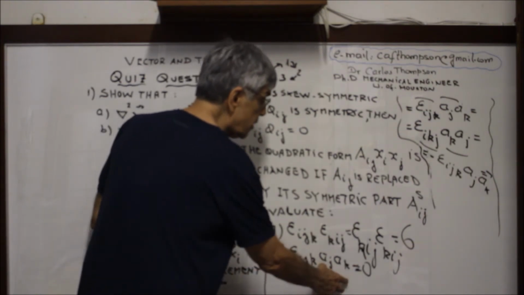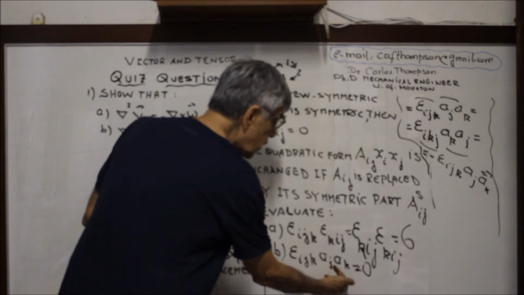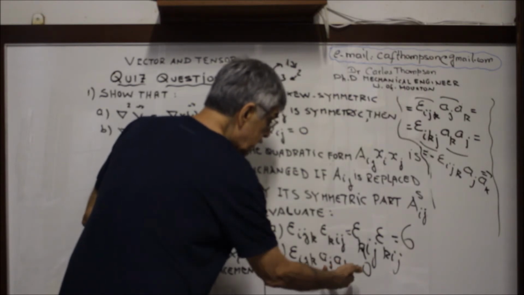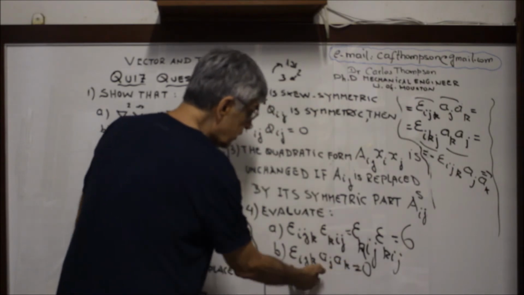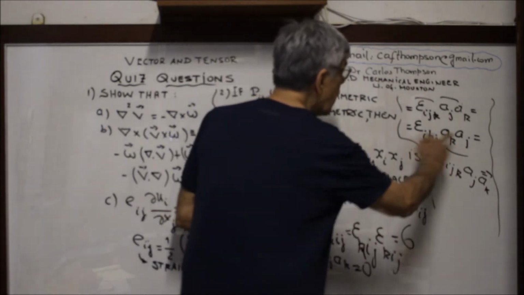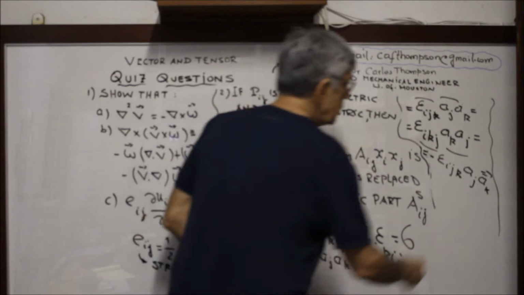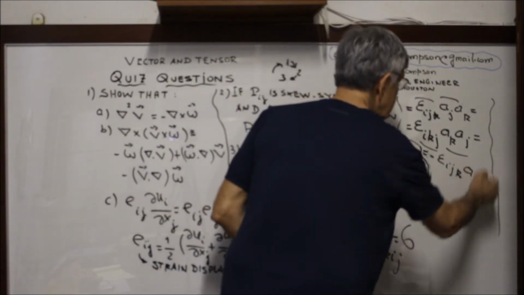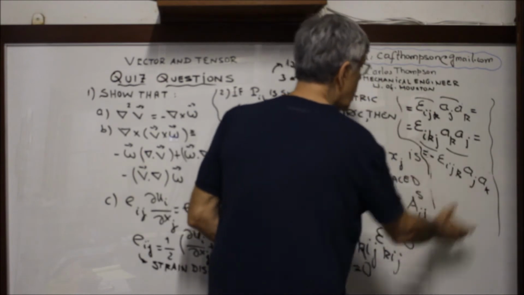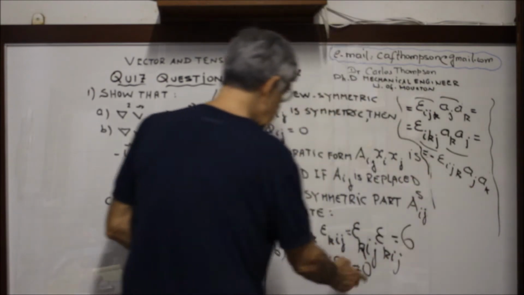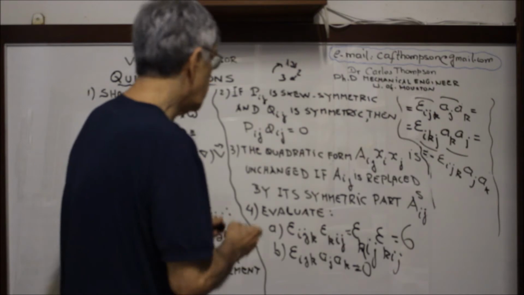This is a second order tensor. So if I exchange k and j, the symmetric part will be the same. So this is symmetric and this is skew-symmetric. So the product will be 0. Because the quantity equals minus the same quantity, this quantity over here must be 0.